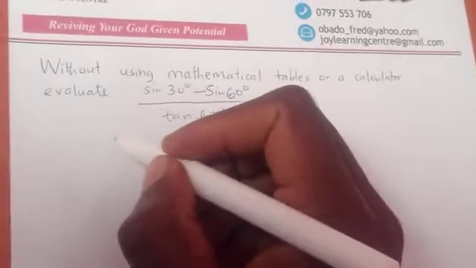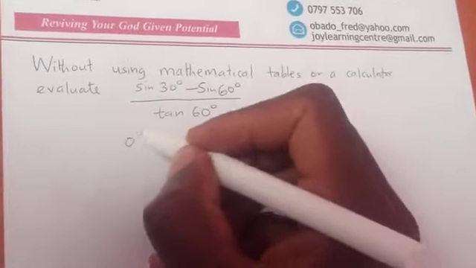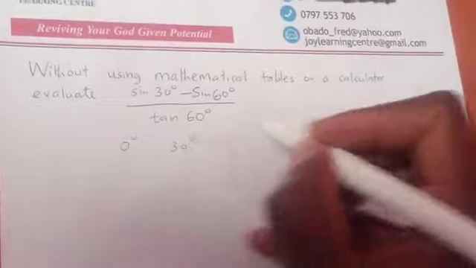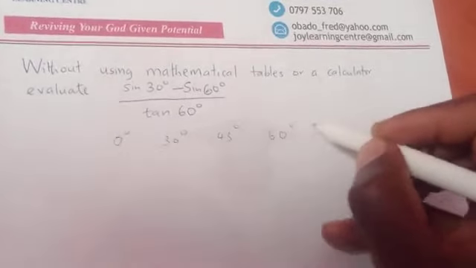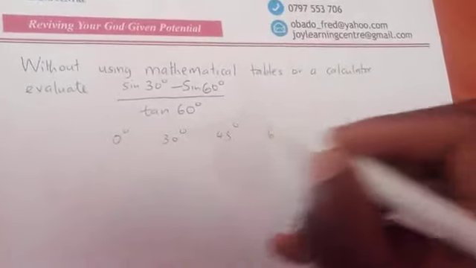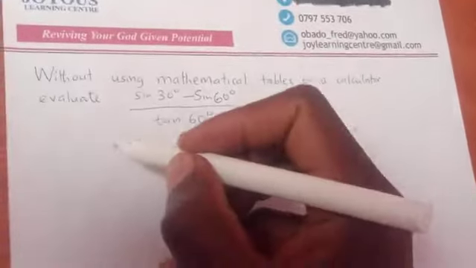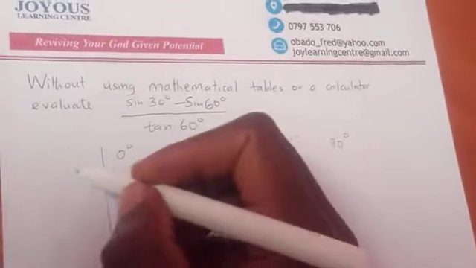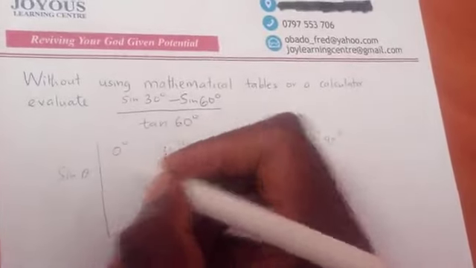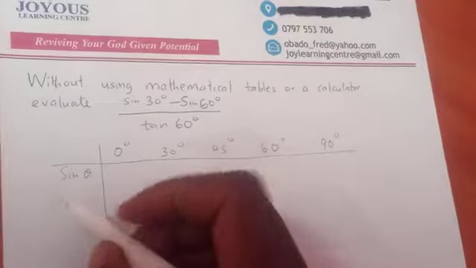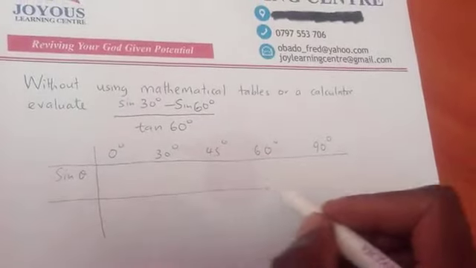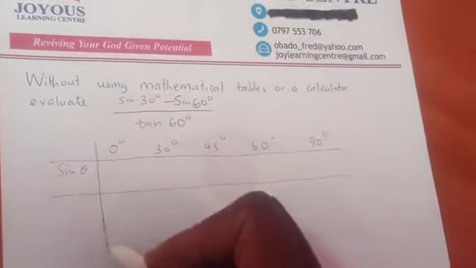We have common angles of 0 degrees, 30 degrees, 45 degrees, 60 degrees, and 90 degrees. On this particular one, we have to get the sine of an angle, and I can remind you in a very fast way so that we go together.